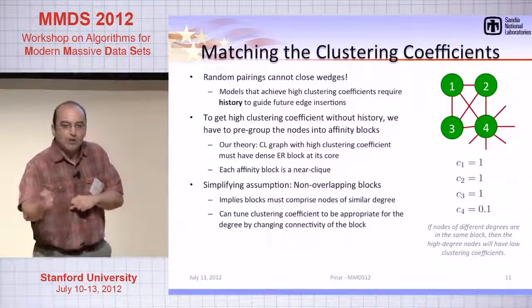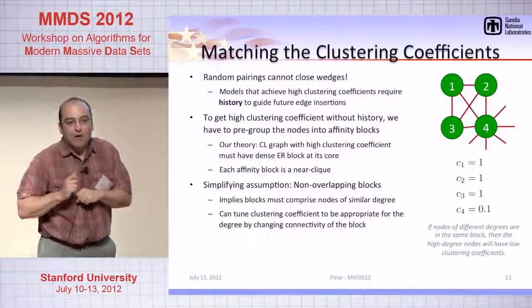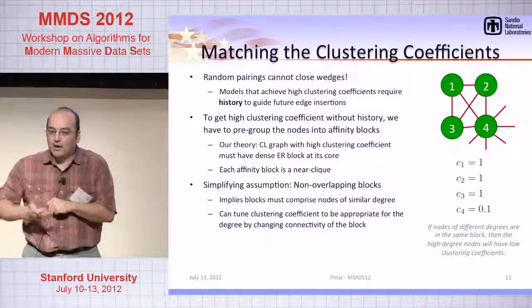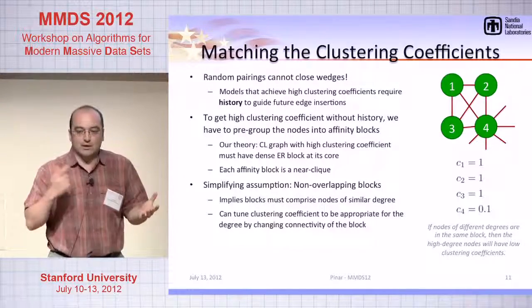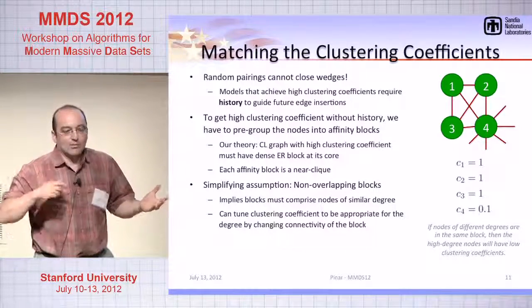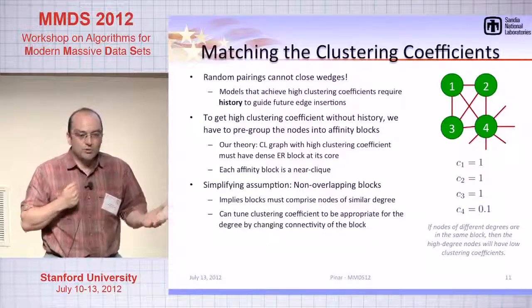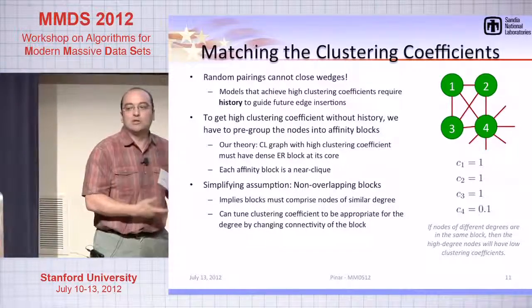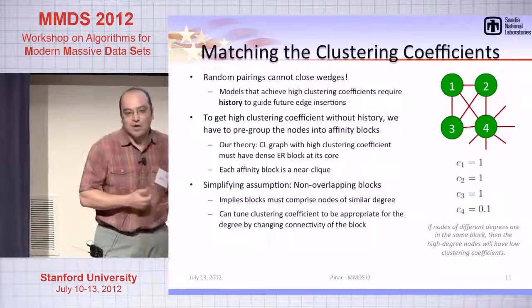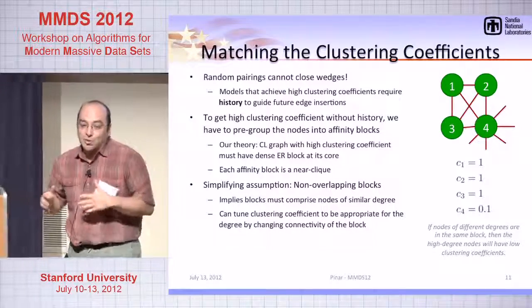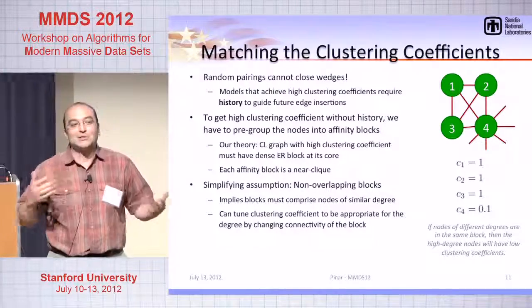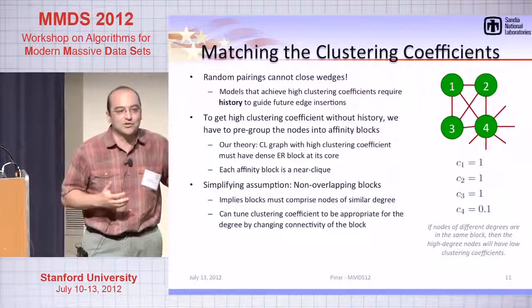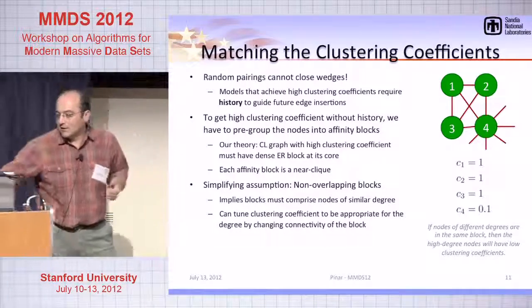Do I want to be connected to that vertex? Well, I want my clustering coefficient to be high, and if I have degree 1,000 and the other vertex has degree 10, it already used one edge to connect to me. That means it can at most connect to 9 of my other friends, which will decrease my clustering coefficient. So I'd like to be connected to other vertices with degree 1,000 to keep my clustering coefficient high. That's the idea.